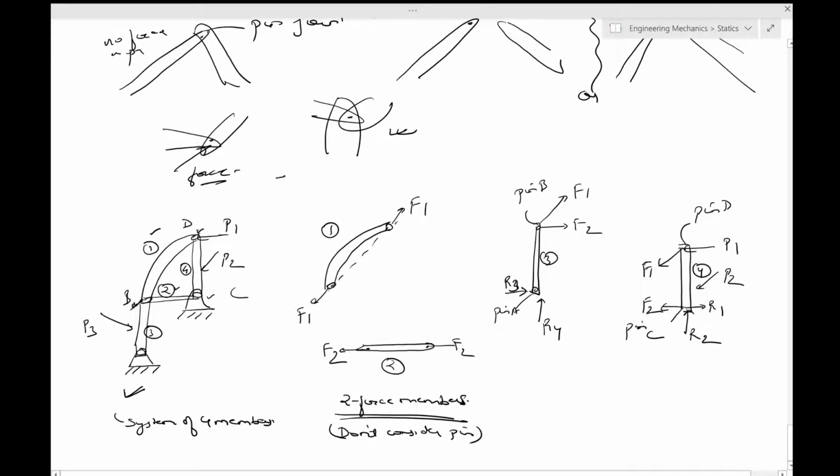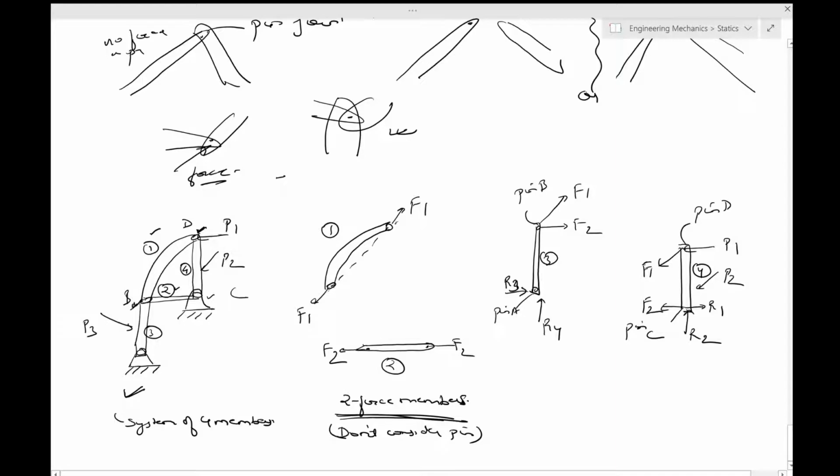So the pin will make a difference if more than 2 members are connected by a pin, or 2 members are pinned to a support, or an applied load acts on a pin connecting 2 members. Sorry, in this case there are not 3 members, but then there is an applied load over here. So because you have identified these 2 force members, don't consider pins as a part of this.